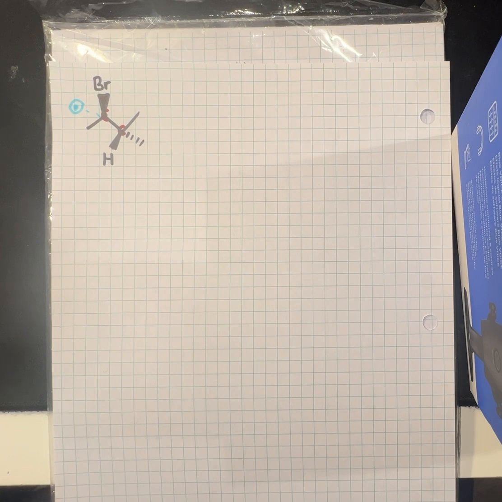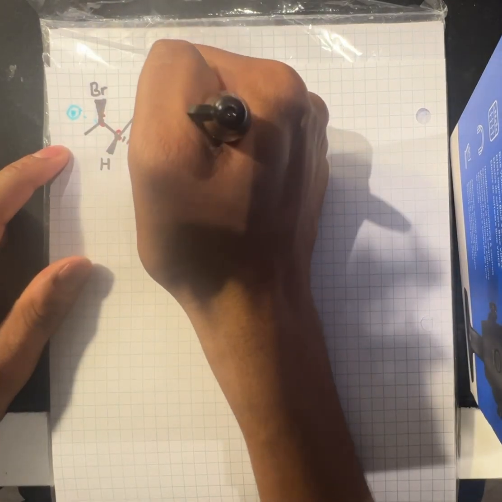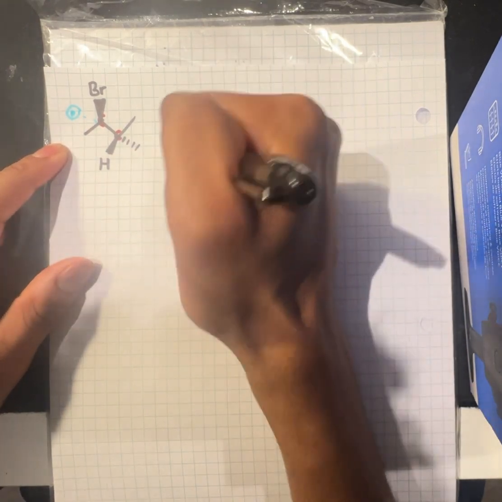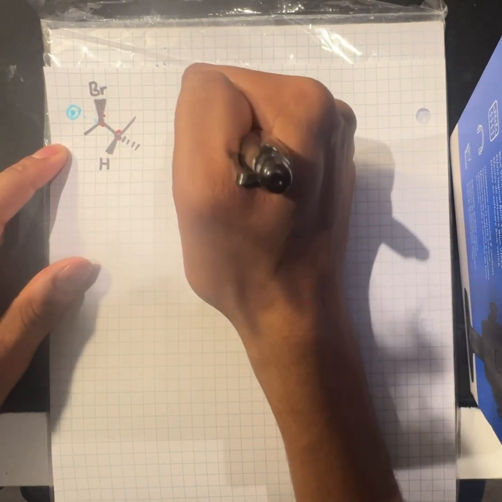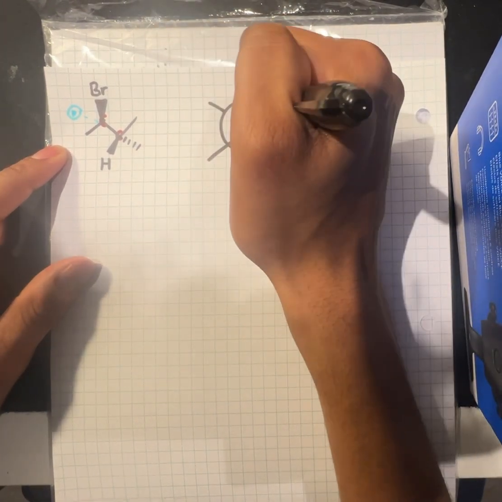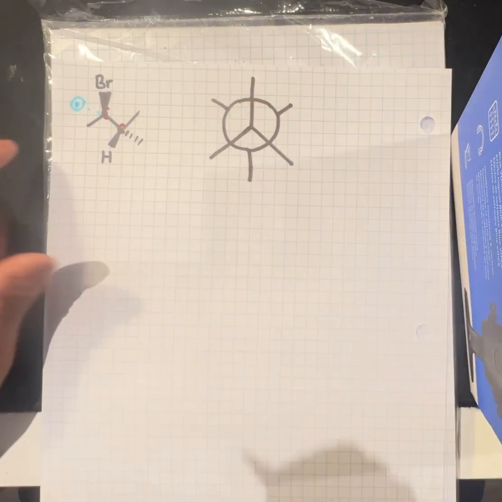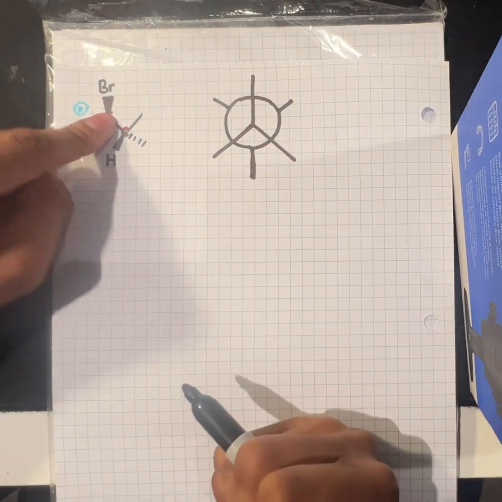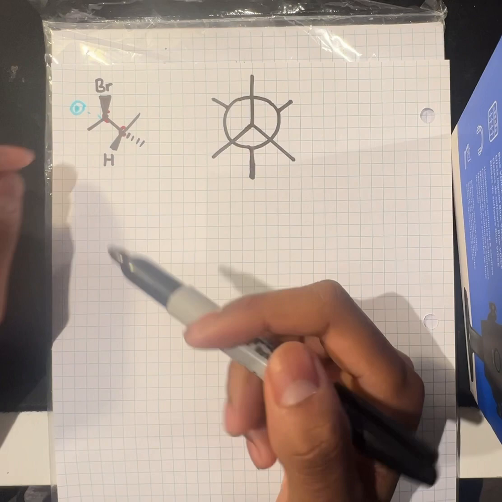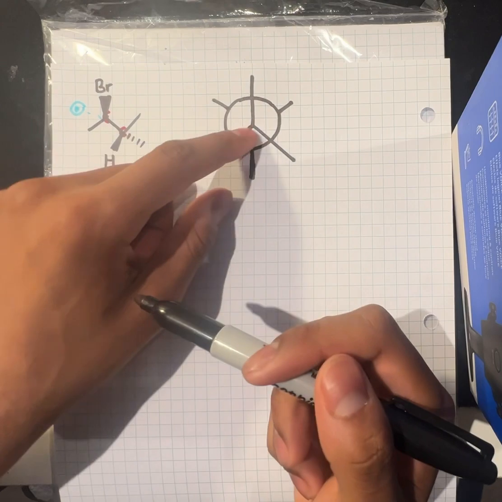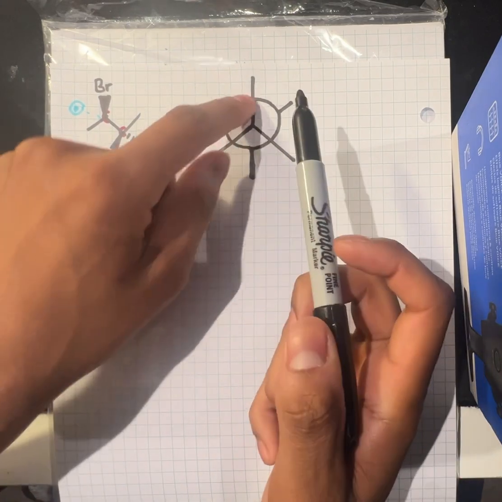If we're going to look down that bond, we're going to firstly look at this carbon. The molecule that's in the plane is going to be the molecule we're going to put at the top.